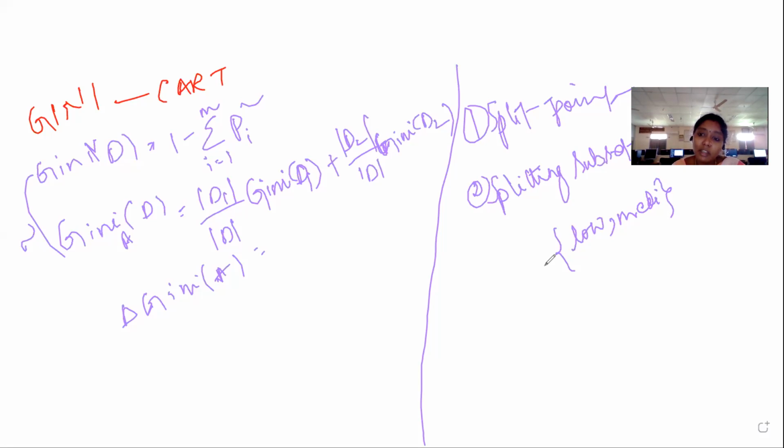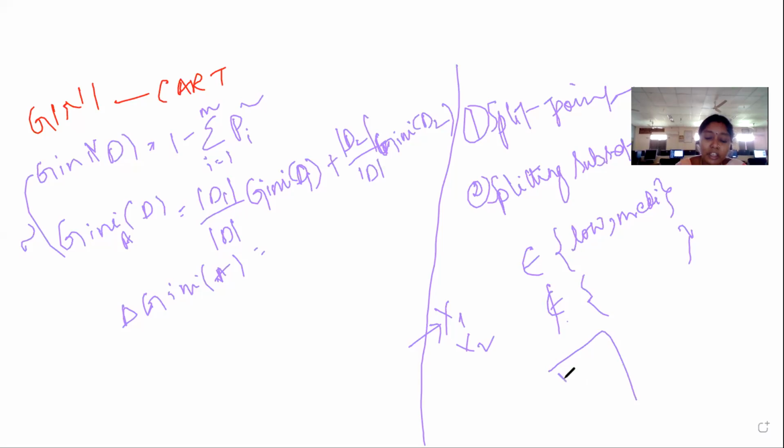So how to partition based on this set? If my data values are x1, x2, x3, and so on. Coming to the tuple, the observation x1, if the income of x1 belongs to this category, low and medium, then x1 is partitioned to the left branch. Then consider another tuple x2. If it does not belong to this subset, then it is partitioned into the right branch.